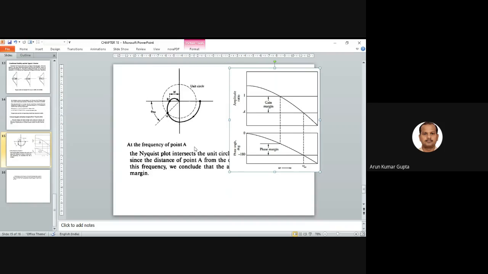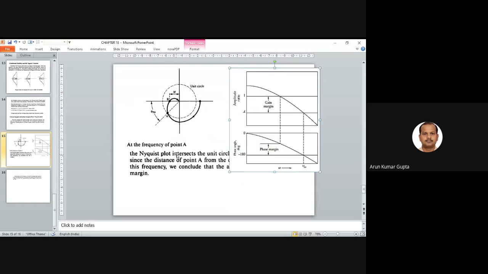How are we getting point A? Where it is meeting the circle AR equal to 1. So it is cutting at A point, AR equal to 1. So we draw a line, and the angle difference from minus 180 to this is the phase margin, and corresponding to this we have the gain margin.